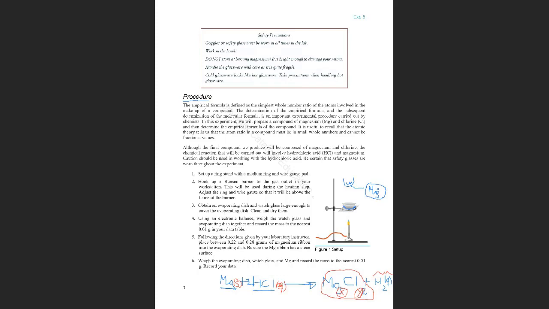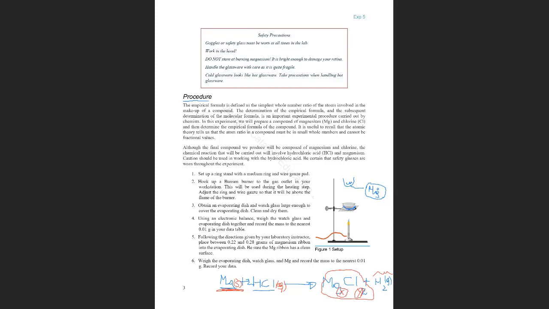How do you know the reaction is complete? You know because when all the magnesium that you had has reacted, you won't see any more magnesium solid. You will see just the product, which is a white solid. And what else is an indication that the reaction is complete? You are going to see that there are no more bubbles, no more hydrogen.